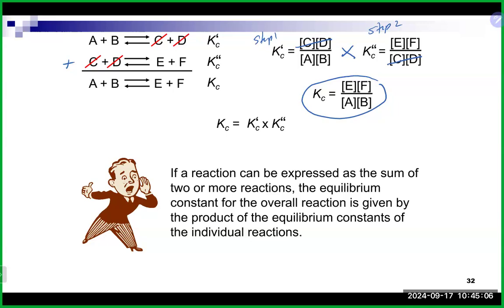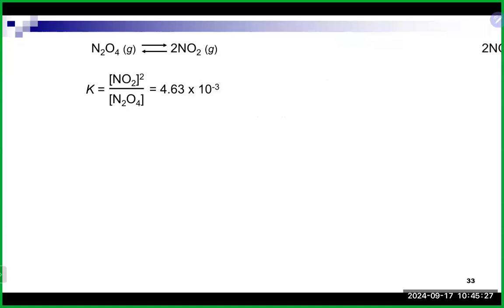Other ways that we can manipulate equations is maybe we do not need our reactants on the reactant side and our products on the product side. Maybe we need them switched. So maybe our products need to be on the left-hand side and our reactants need to be on the right-hand side. So another very common way that we manipulate equations is we can do the reverse of the equation.